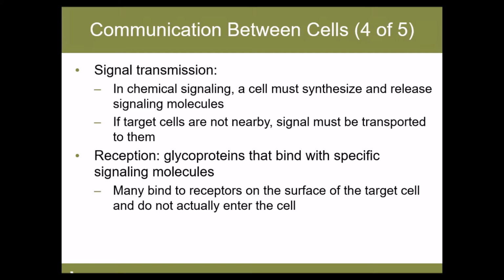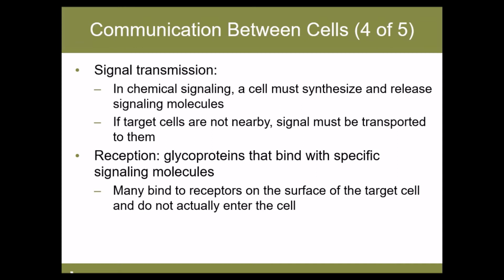Signal transmission is what it sounds like. You have to get some type of signal, and usually this is some type of chemical, some type of molecule signal that is produced or synthesized through a cell, and then it has to be transmitted to some type of nearby cell. A lot of times when I see this type of information, I think about how our human bodies transmit hormones.